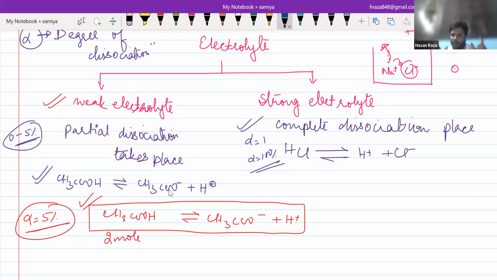First go for atoms and then go for charge. On the left hand side, there is no charge. On the right hand side, check the total charge. Here it is negative and here it is positive, +1, -1. What will be the total charge on the right hand side?